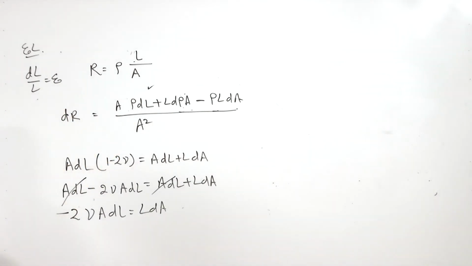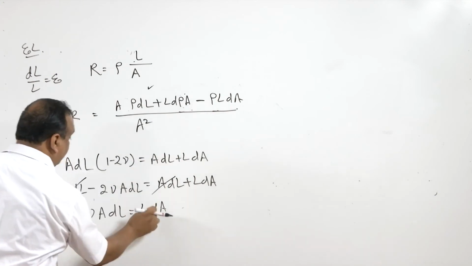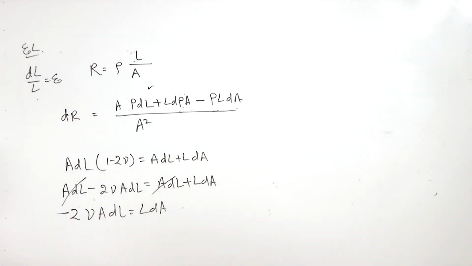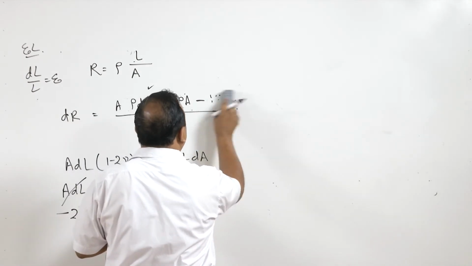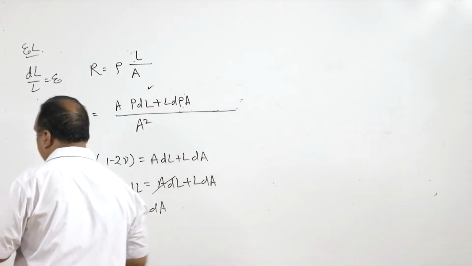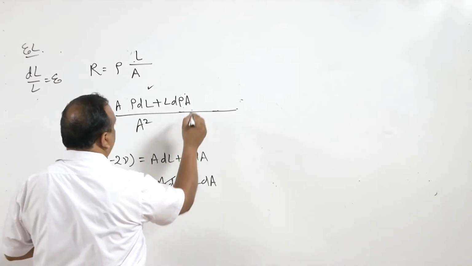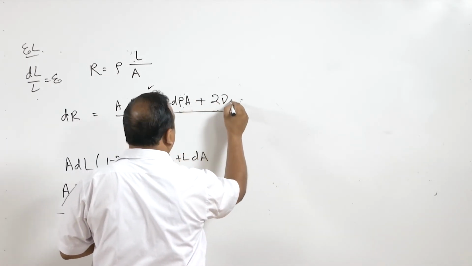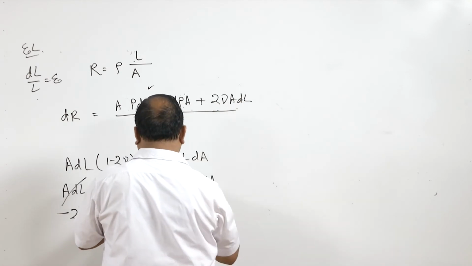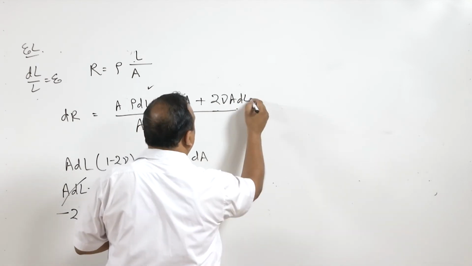Rho LDA, this LDA can be replaced by this LDA, and here we will be getting plus 2 nu A dl multiplied by rho.